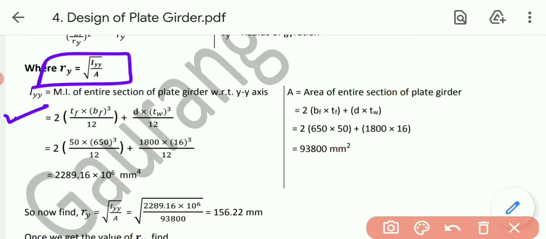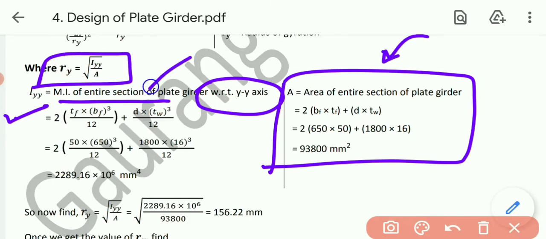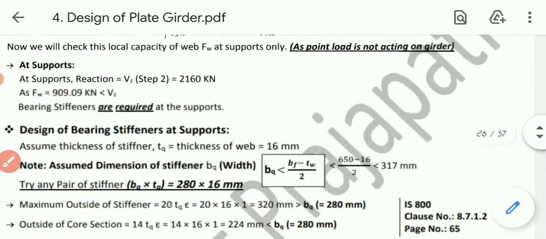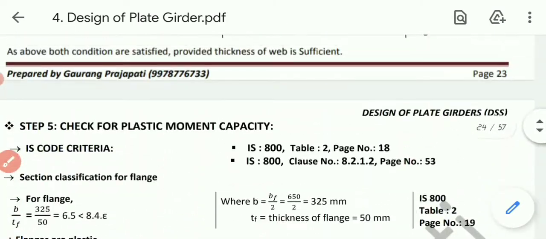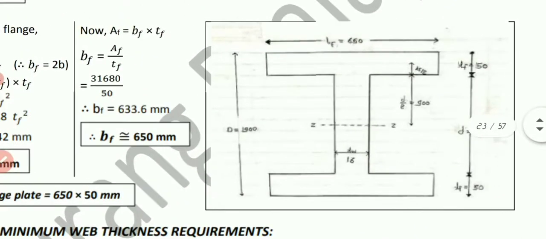Now Ryy, that is moment of inertia of the entire section of plate girder with respect to y axis, and A stands for area of the entire section of the plate girder, means I section's area as well as moment of inertia with respect to y axis. So let's get back to the figure which we have drawn in the step numbers 3, I think. First of all, let's talk about area of this I section.